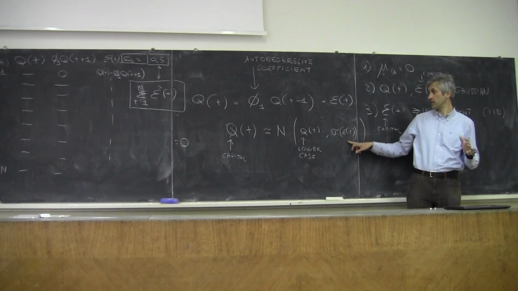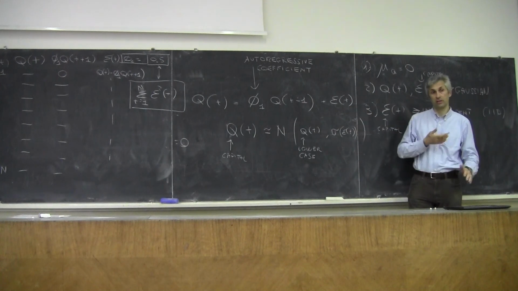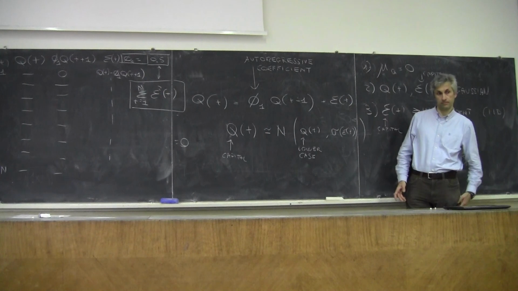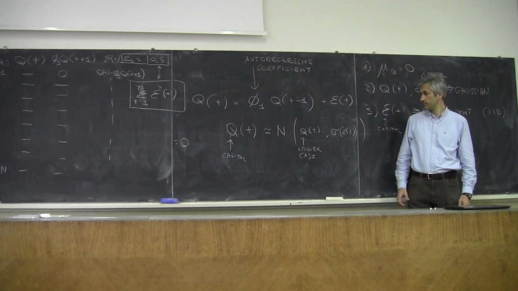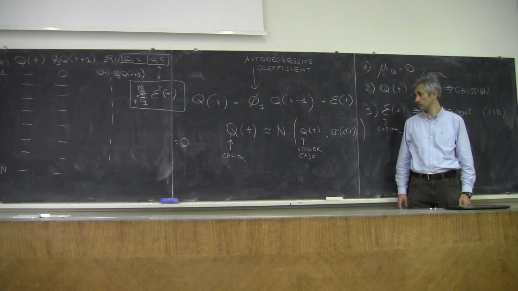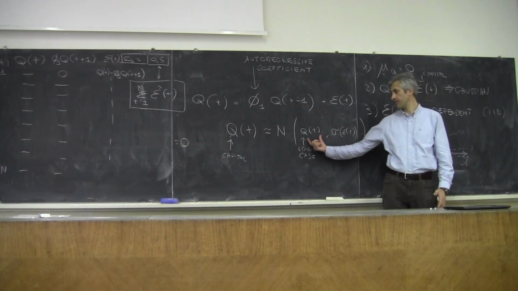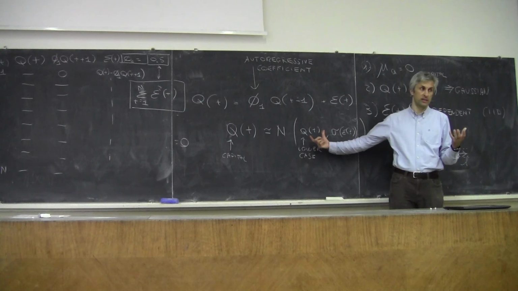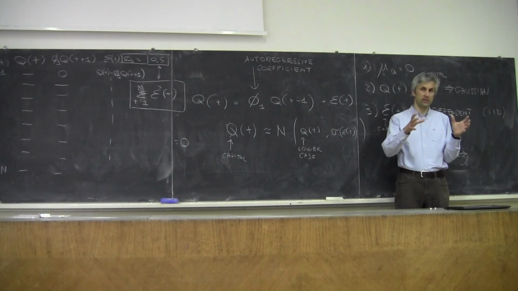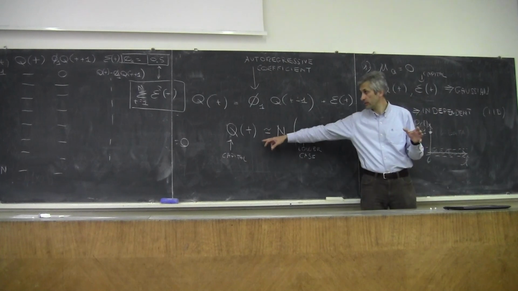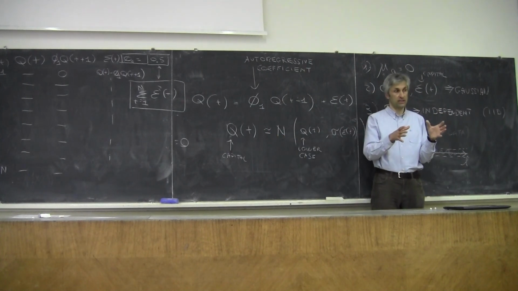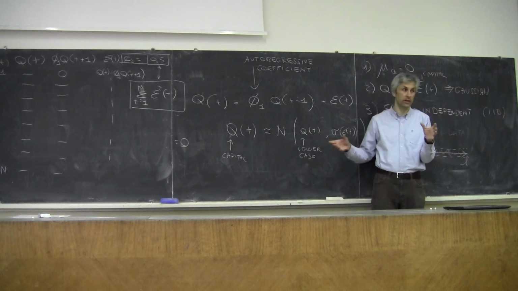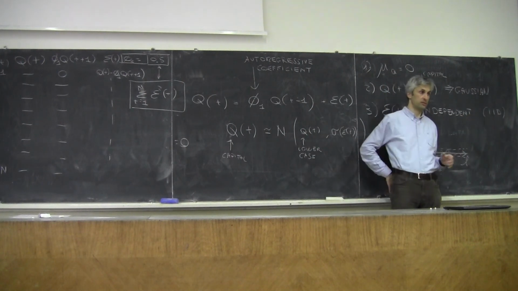And the standard deviation is the standard deviation of the random error. Lowercase, what does it mean? It means that this is the actual number. I told you that the difference between the capital Q and the lowercase q is that the capital Q is the random variable, while the lowercase is what you get at each time step.